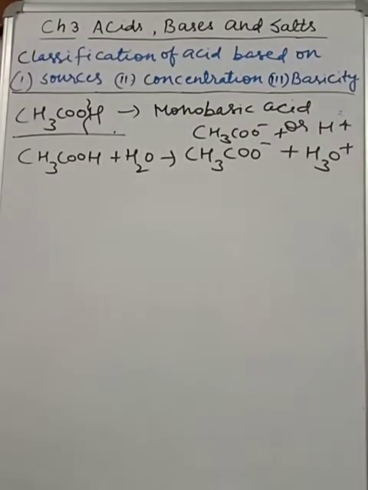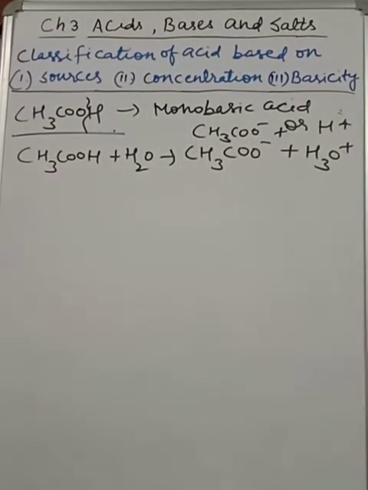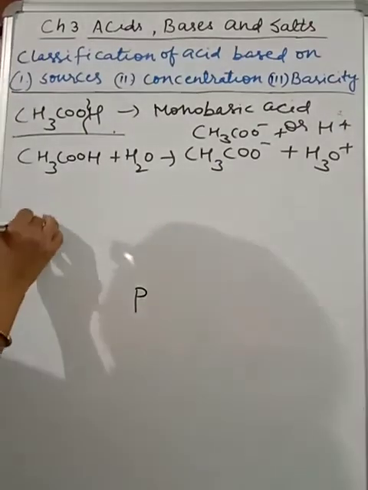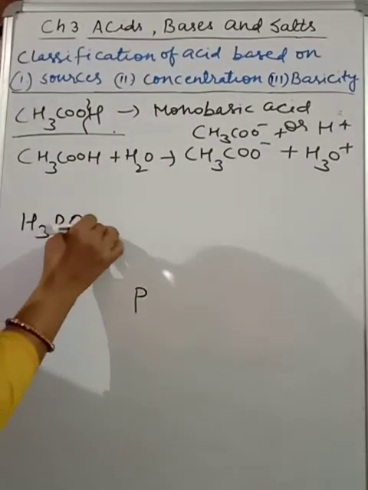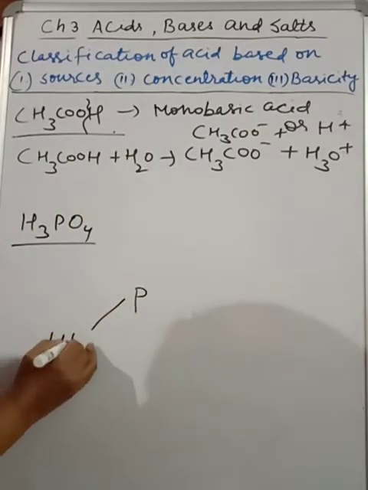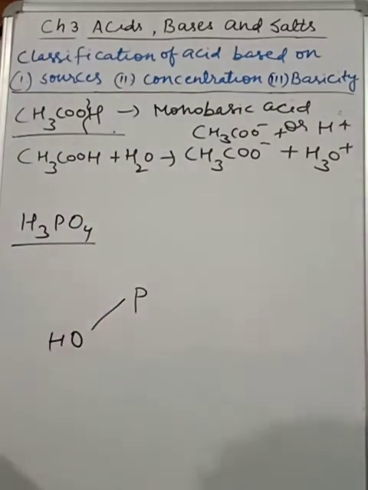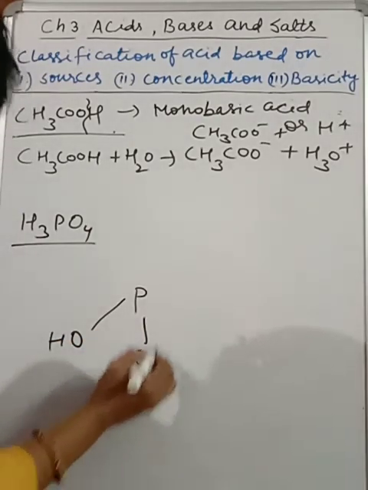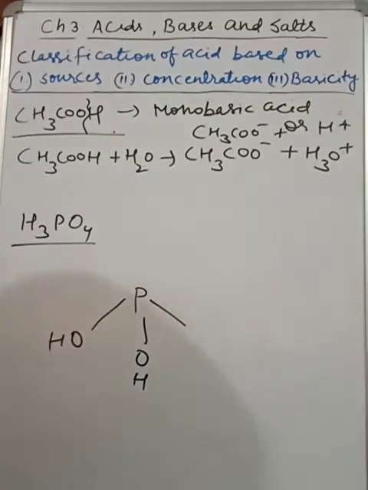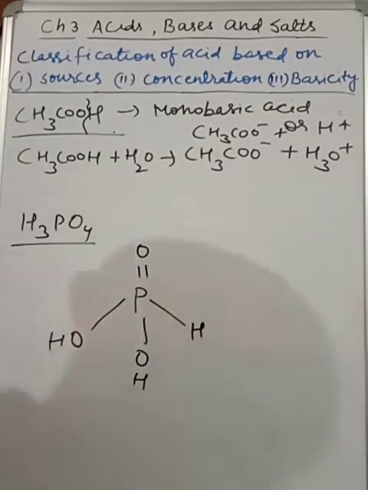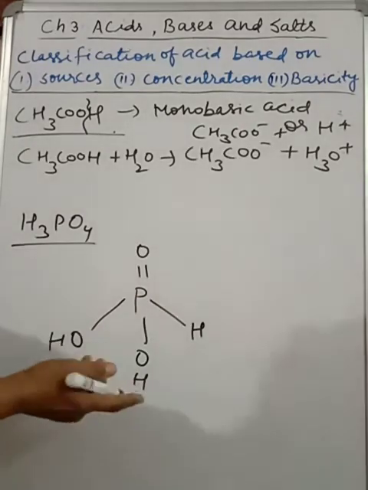So when we think about the structure of H3PO3, you take phosphorus in the middle, here there is HO, and there is also HO. There is only H, and there is O. Now in this structure, what are you observing, children?